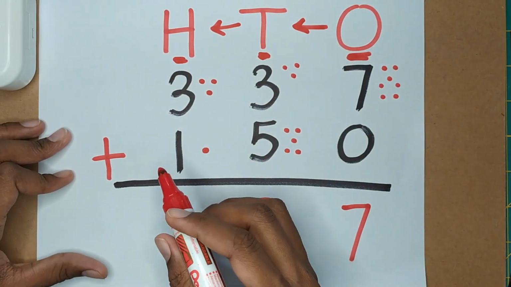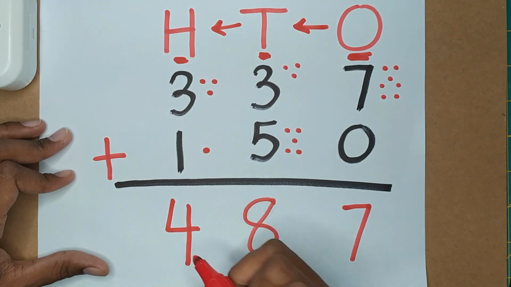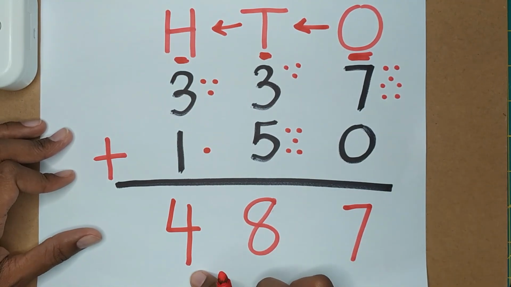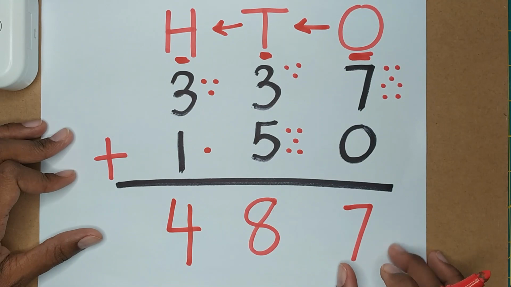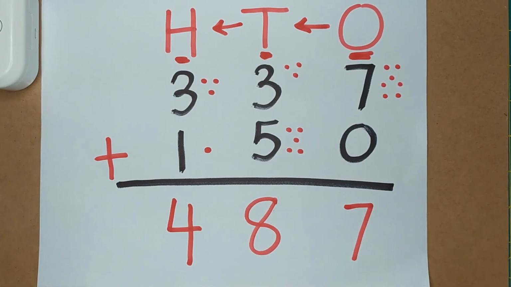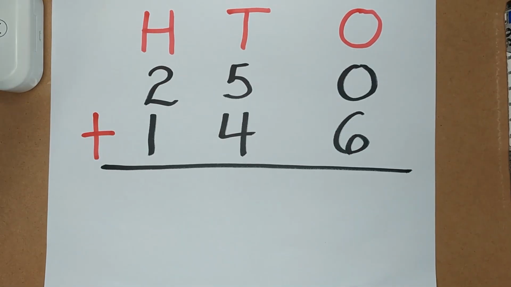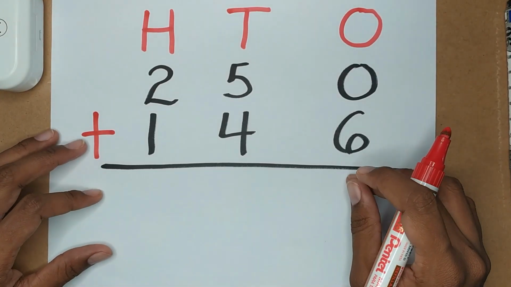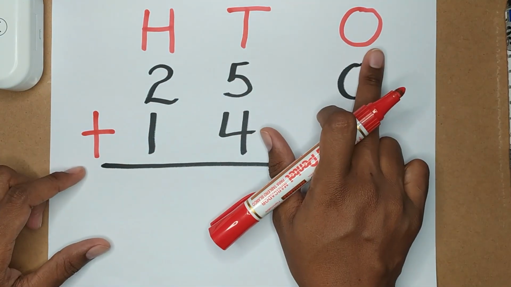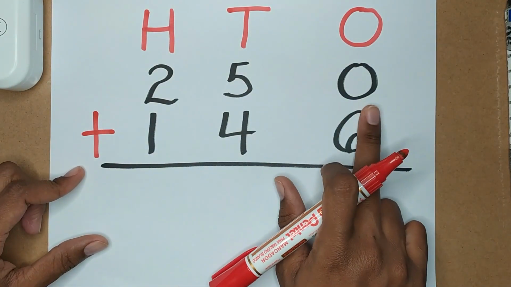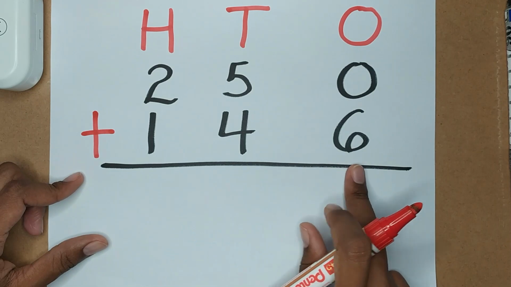We are moving on to number 4. 250 add 146. As always, we start with our ones column. 0 add 6 is 6, because 0 adding any number gives you back the same number.